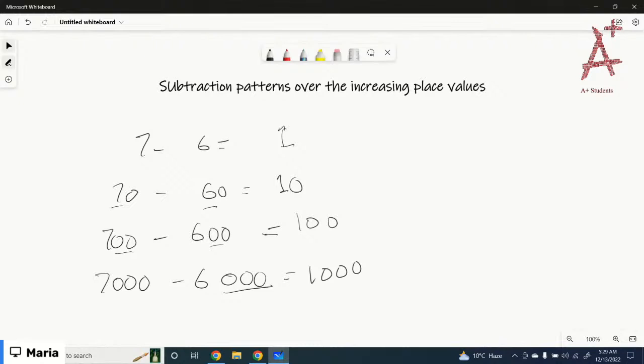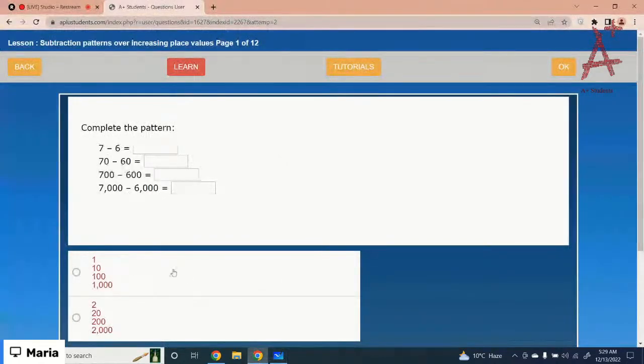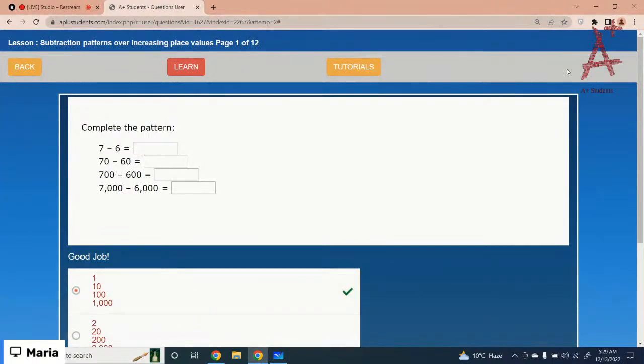Just subtract the numbers and write the zeros as they are. So it would be a pattern 1, 10, 100, and 1000. Got it? So the first option is the correct one. Then click on the OK button.